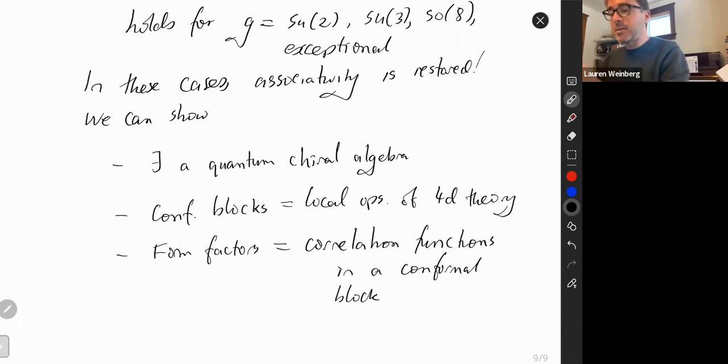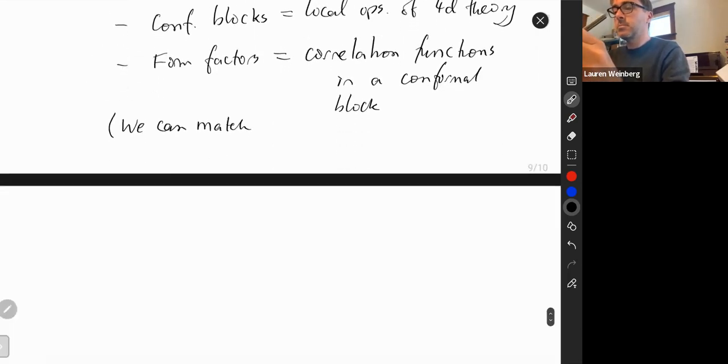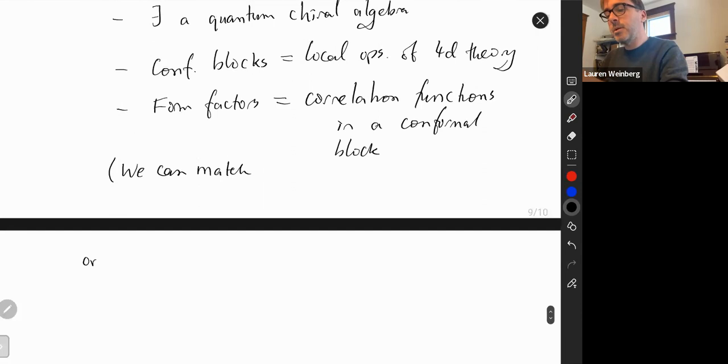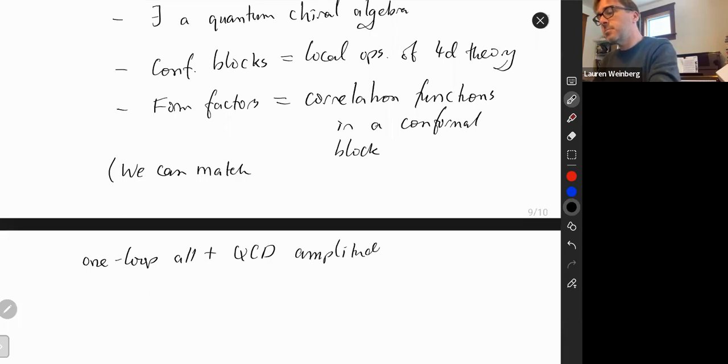We were able to match explicitly the one-loop all-plus QCD amplitude with a particular correlation function using this method.